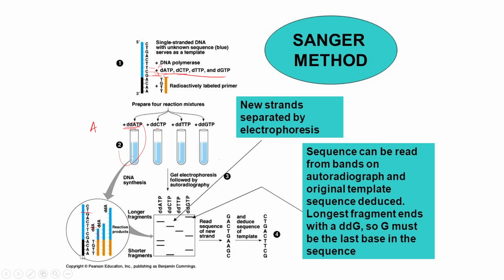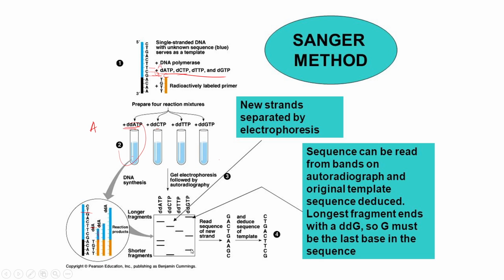So, the first base that has to be incorporated here is a C. In this case, if ddCTP gets incorporated in the second vial, we will get the smallest fragment at the very base.